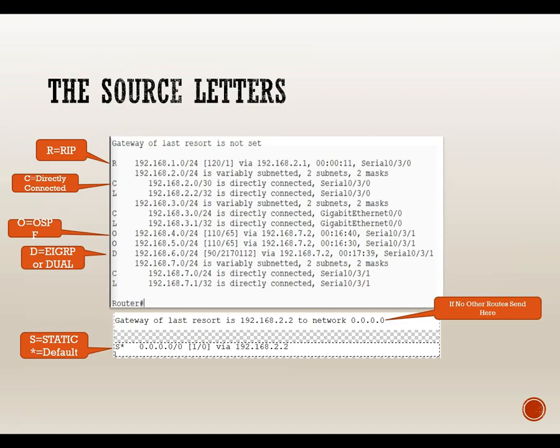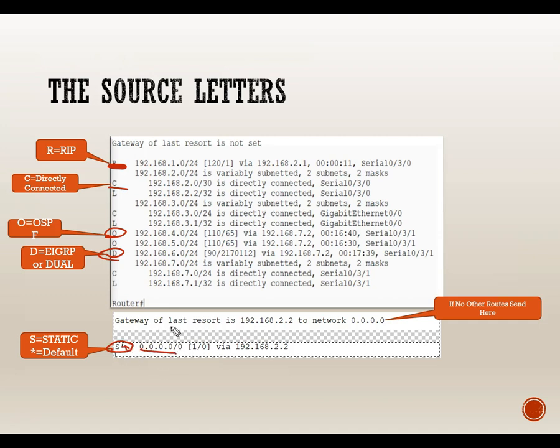The source letters, we've said it a couple of times. R is RIP, Routing Information Protocol. C, directly connected. O is OSPF. D is EIGRP. And then a static down here, S with a star, is going to be a static. The star makes it the default route.